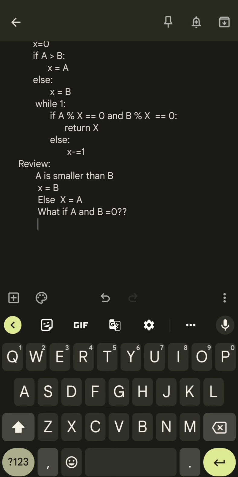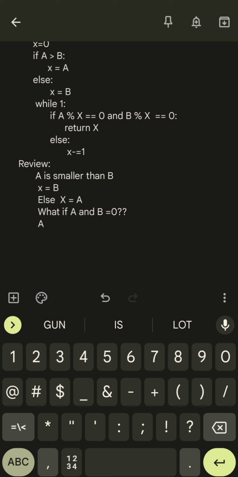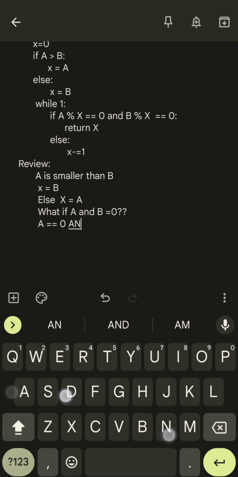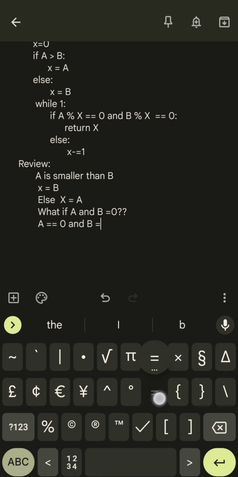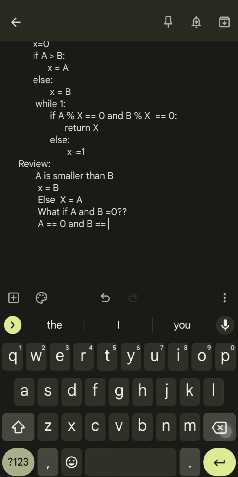So in this case we would probably have a condition where if A equals 0 and B equals 0, then we would just simply return 0. There's nothing to return. I might just add it up here.